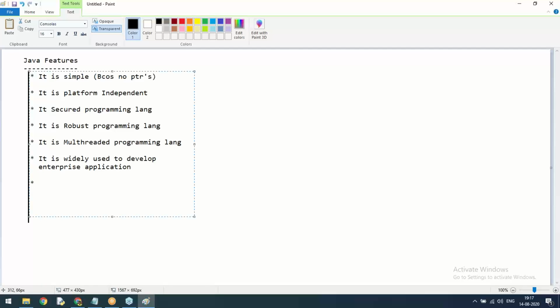Fine, sir. Some very important one I forgot: it is an object-oriented programming language, etc., etc. All these things are good things about Java. Beautiful features, you can call them the advantages of Java.